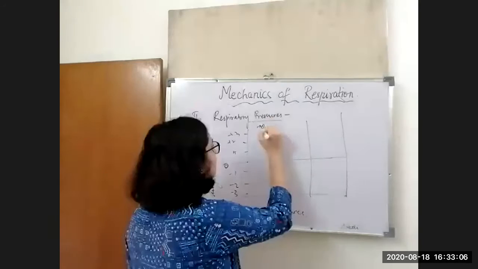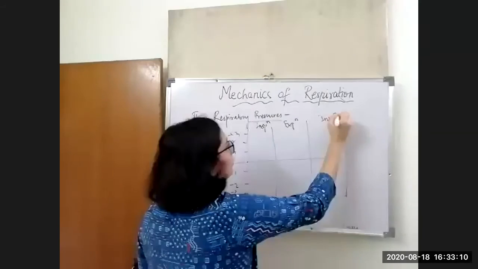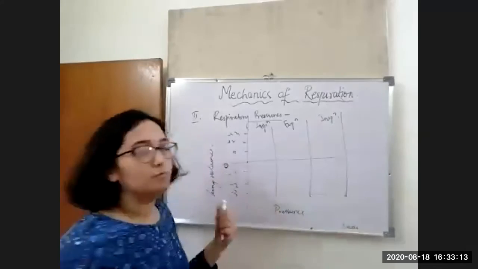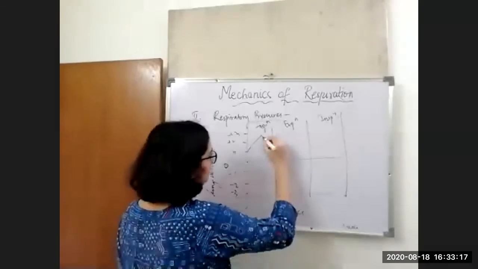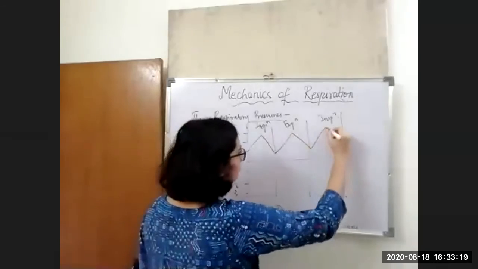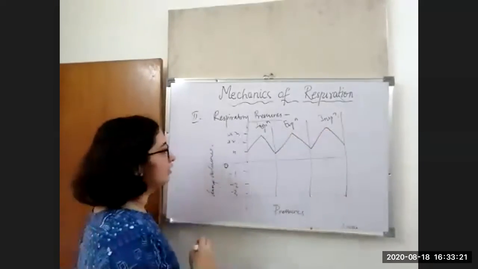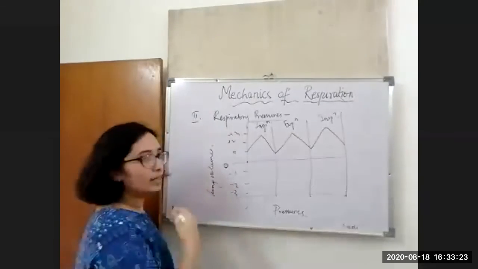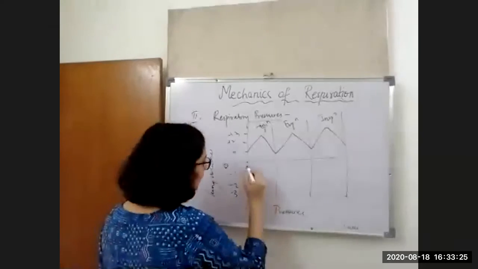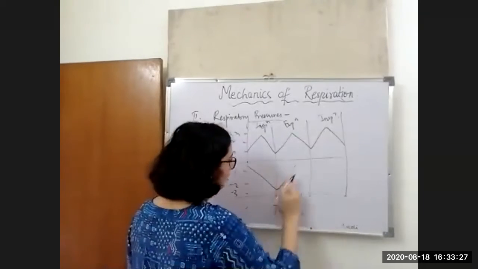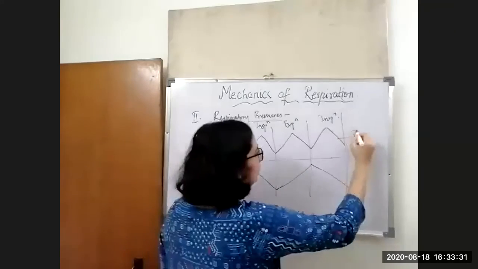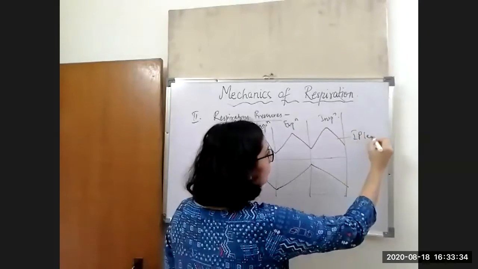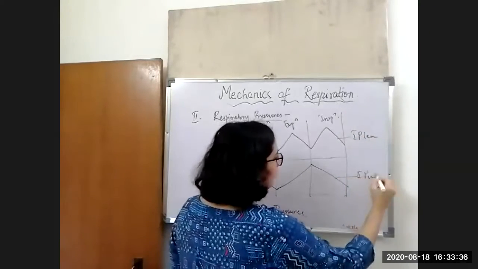This will be your inspiration, expiration, then inspiration. By plotting the intrapleural curve, we'll get something like this, and when plotting the intrapulmonary pressure, we'll get a curve like this.